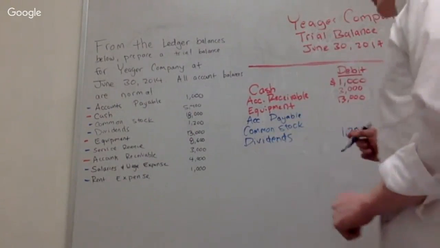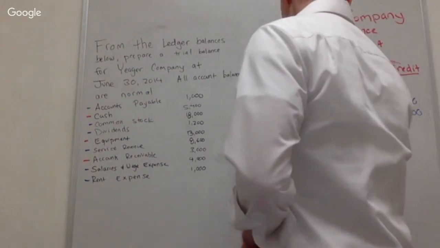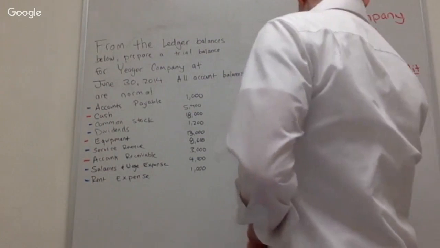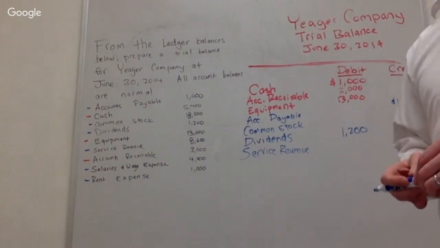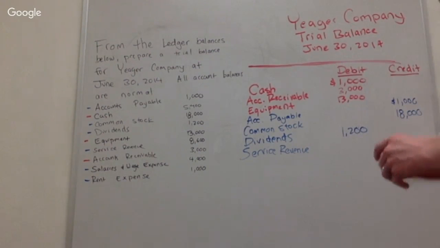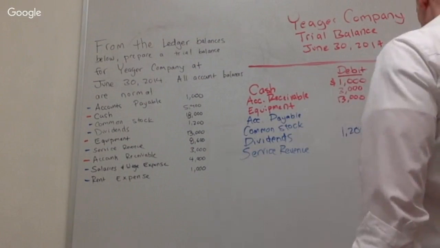So we'll go ahead and put that in there. Service revenue, and that will again fall under our credit. So if we look over here, our service revenue is 8,600.